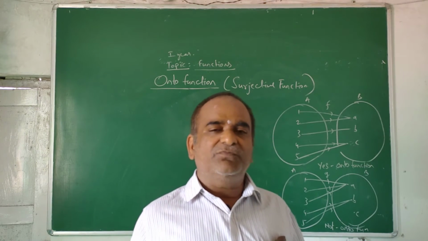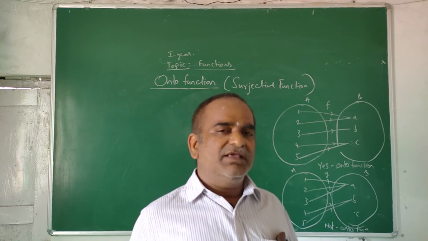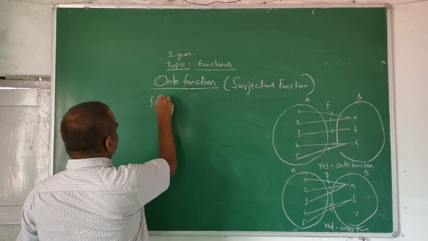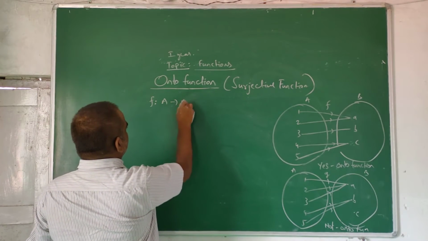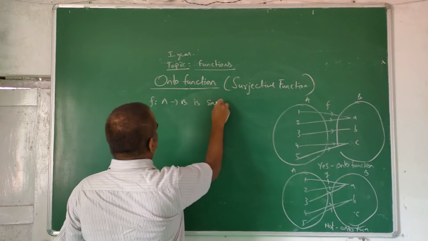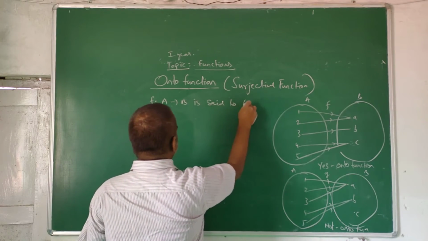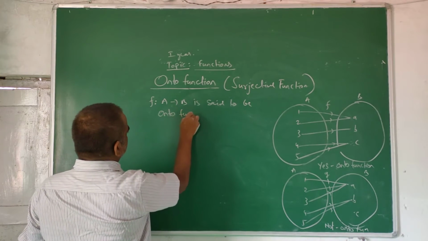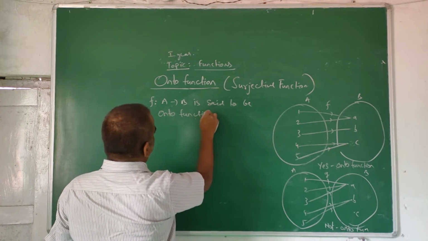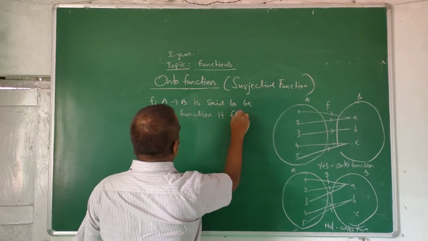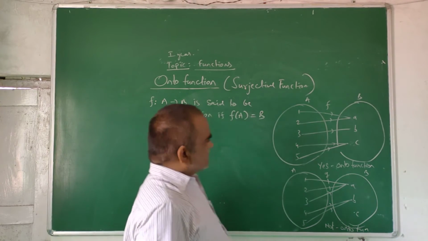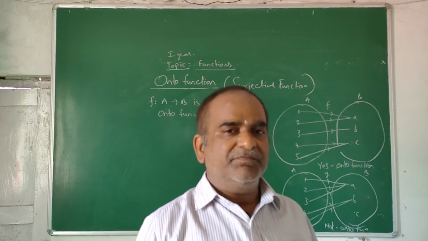So in onto function, codomain will be equal to range. So F maps A to B is said to be onto function if its range is equal to codomain, f of A is equal to B.